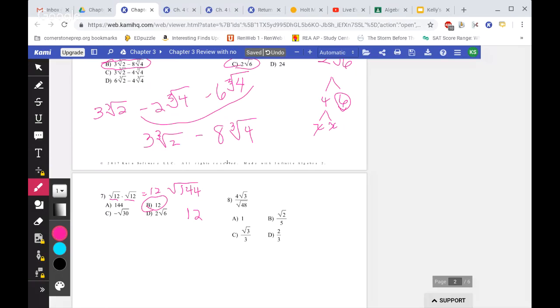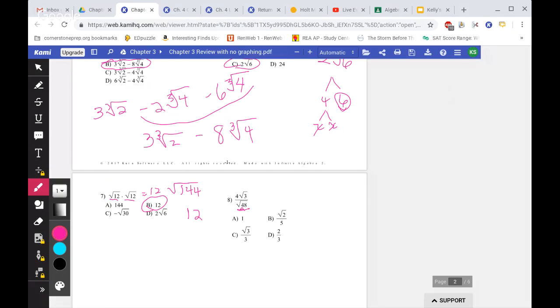Now, on this one, when the number is that big, it is my suggestion that you go ahead and factor things out. The reason why I say that is because you don't want to deal with really big numbers at the top.